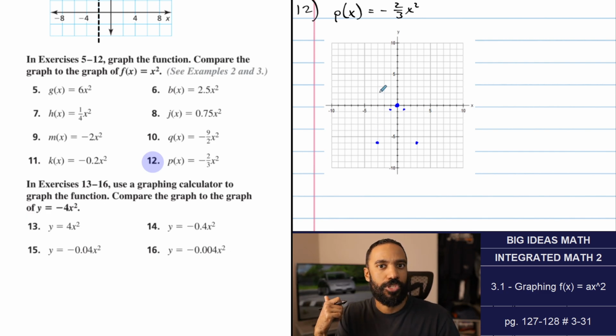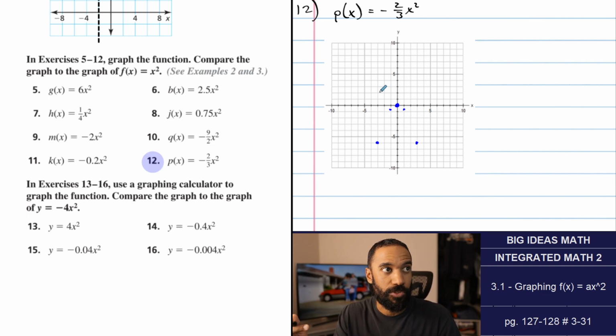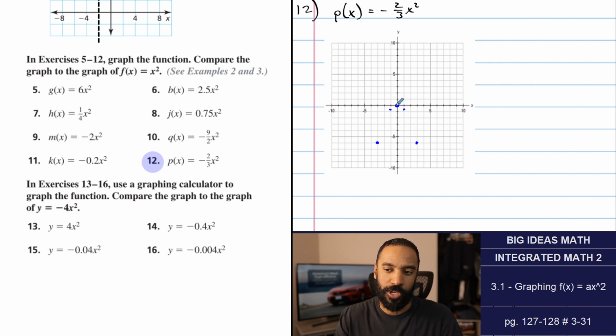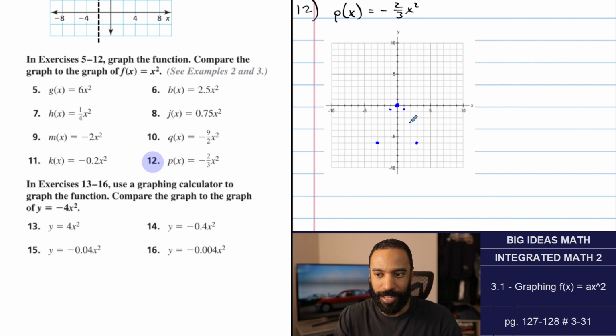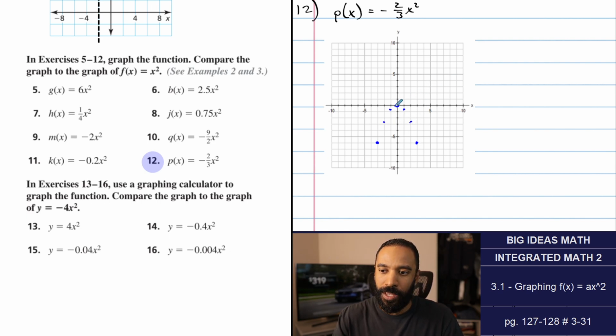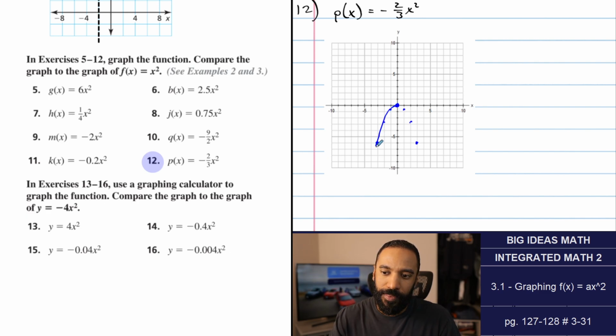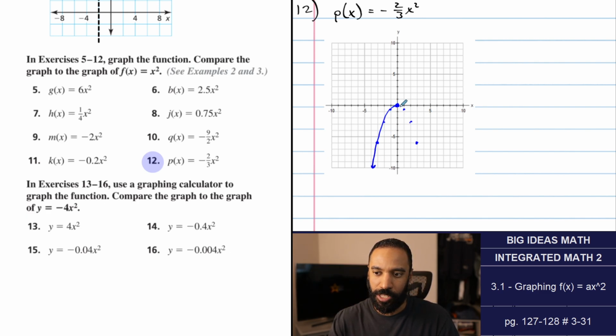2/3 of 16, nah. 2/3 of 25, nah. 2/3 of 36 is 24. That's way too far out. So these are the only valid points I'd hit. If I did want to hit some more, I could plot them here and here. Anyway, I'll do what I can. Yeah, 2/3 of 4 is 8/3. So that's where we would have hit next.